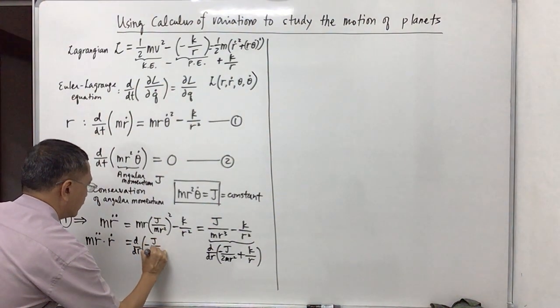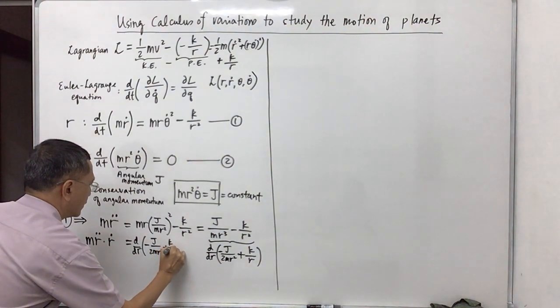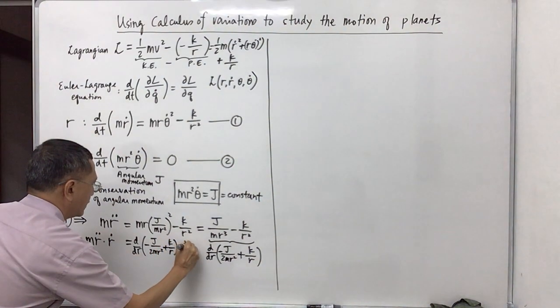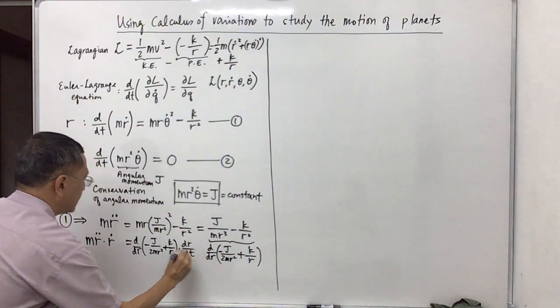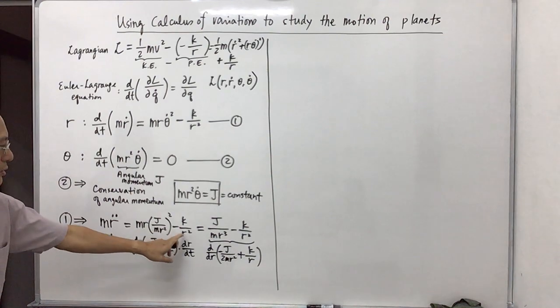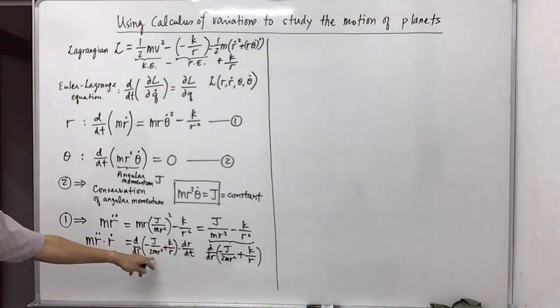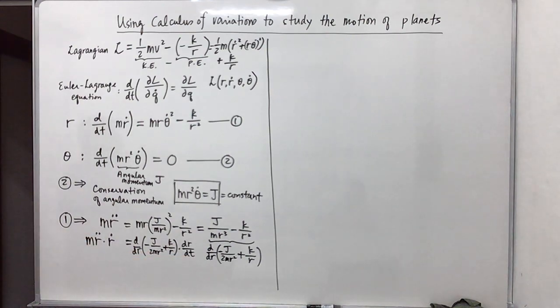Minus j over 2 m r squared plus k over r, times dr dt. Now, d of something with respect to r times dr dt, by chain rule, that's just d of this whole block with respect to t, isn't it? That's chain rule. Whereas on the left hand side, I'm also going to play a little trick.